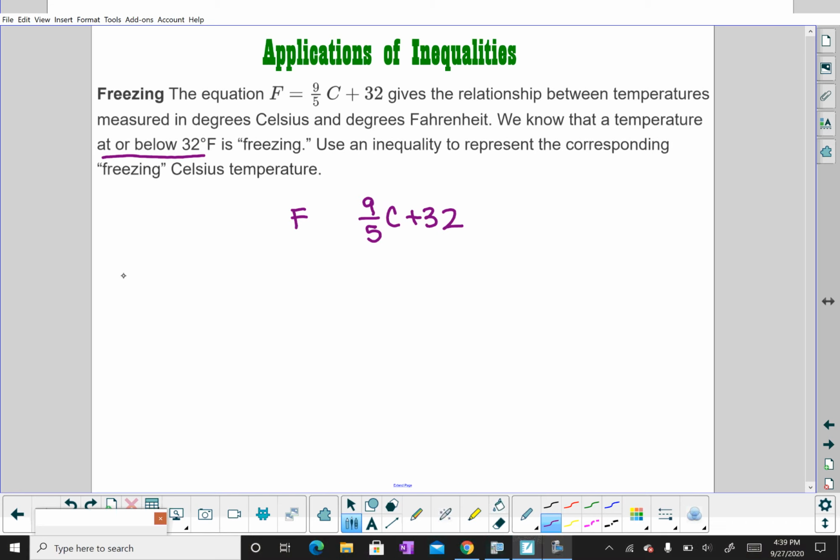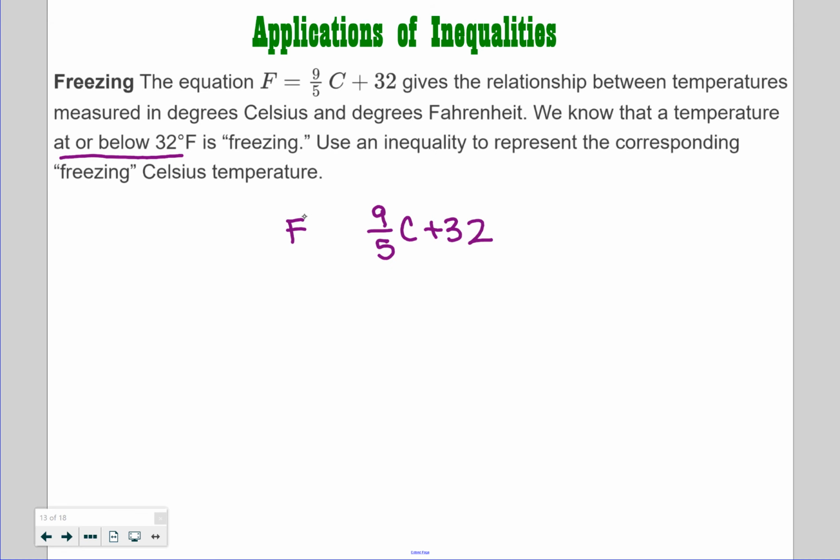So what we're going to do is make our Fahrenheit temperature, again, at or below, less than or equal to its equivalent Celsius temperature. We're going to put our 32 in for F. And now when we solve this inequality, this will tell us what Celsius temperatures will give us a freezing temperature.